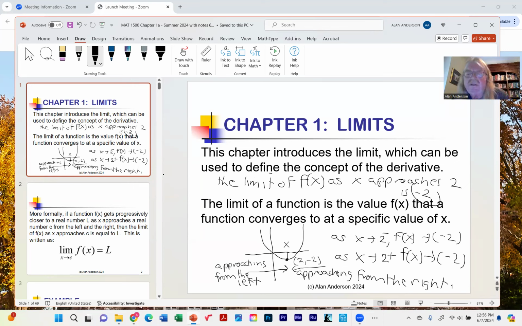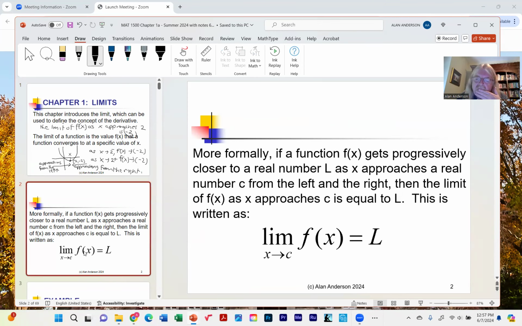Oh, well, that's interesting. In other words, getting closer from either side, as we get close to x equals 2, f of x is getting very close to -2. So we're going to see the more formal way of writing this in the next slide, just in the most general terms.